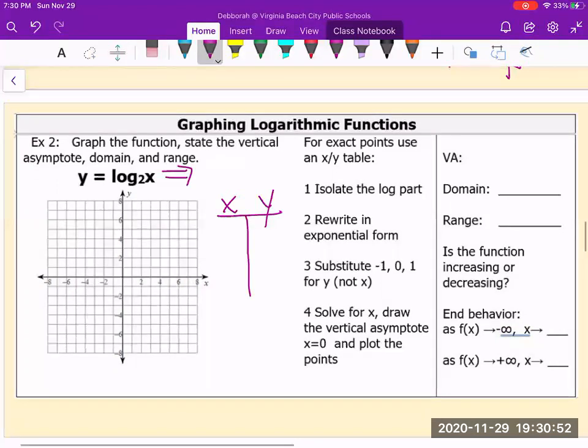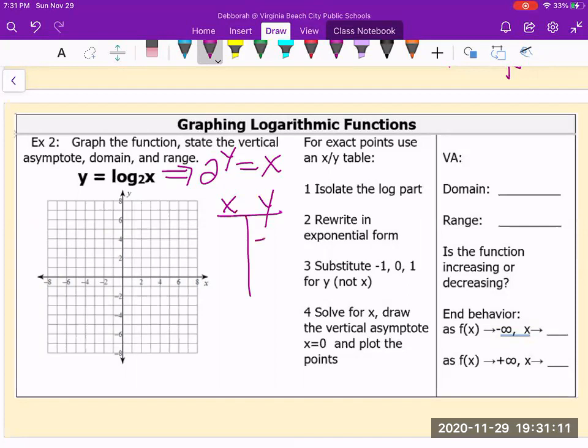So that would give us 2 to the y equals x. Notice in this situation that y becomes the independent variable and x the dependent. So we would want to choose values for y to put into this, and typically this is a parent function. We would choose the values -1, 0, and 1. So when we substitute in here, 2 to the -1 is 1/2, 2 to the 0 is 1, and 2 to the 1 is 2.